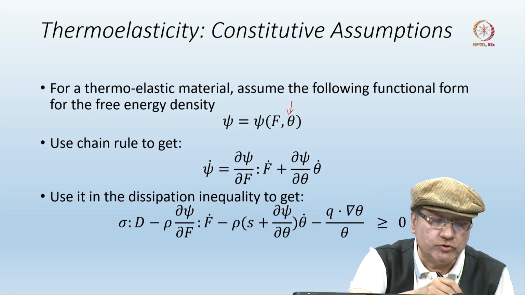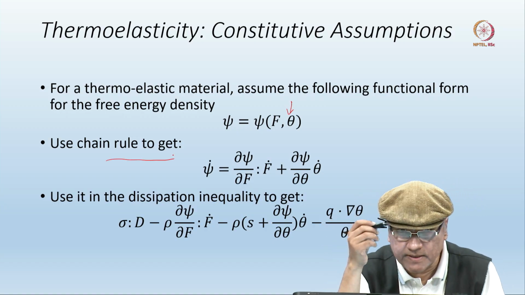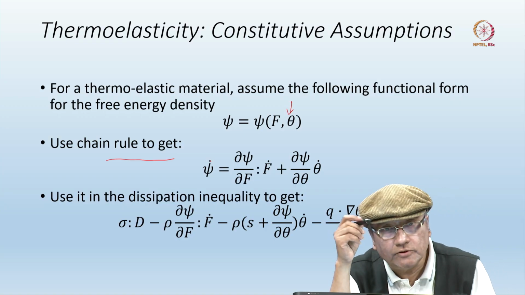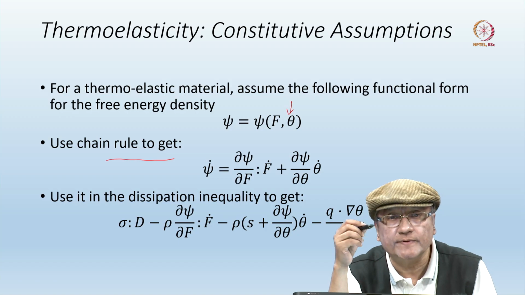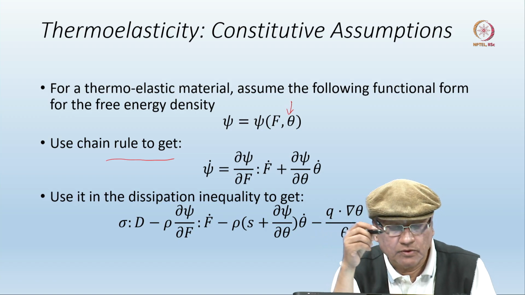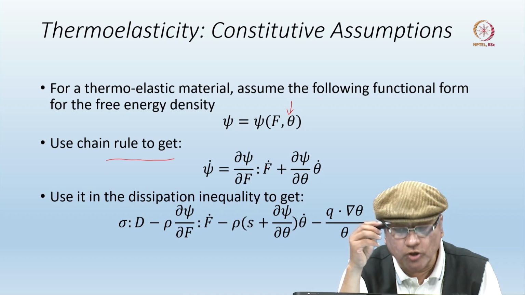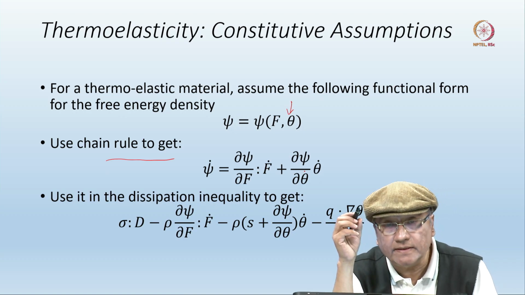Then apply the chain rule on this psi. This is a standard procedure. Therefore psi dot, where dot means differentiation with respect to time, is equal to del psi by del F inner product with F dot, plus del psi by del theta times theta dot.